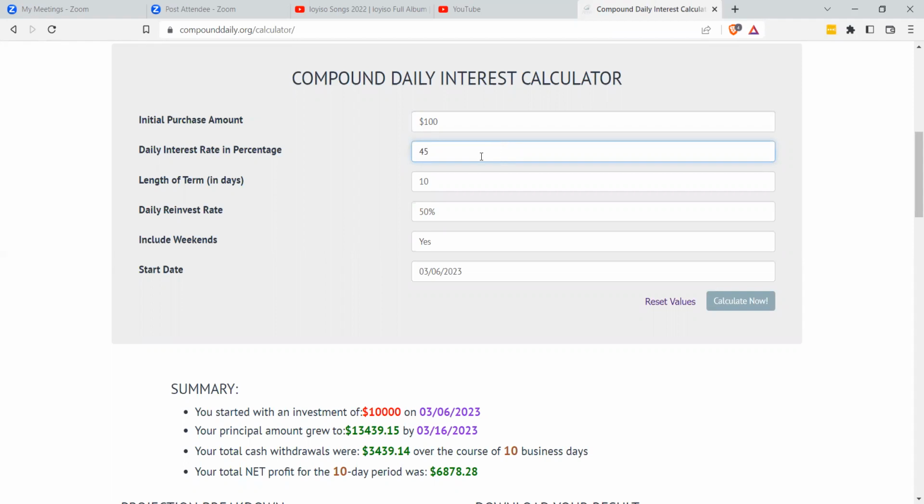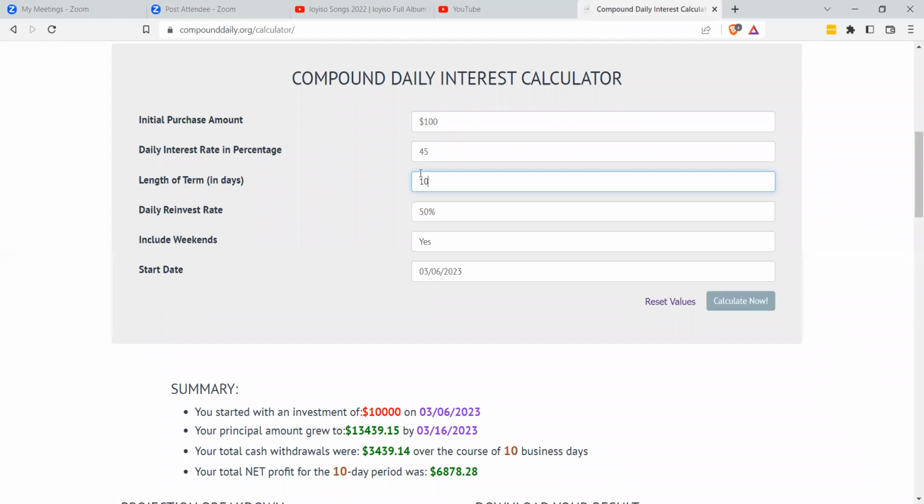With 10 trades and a win rate of 50%, this tool will take into consideration your wins and losses. There are times that you win 45% profit, and there are times that you will also lose 15% of your account.